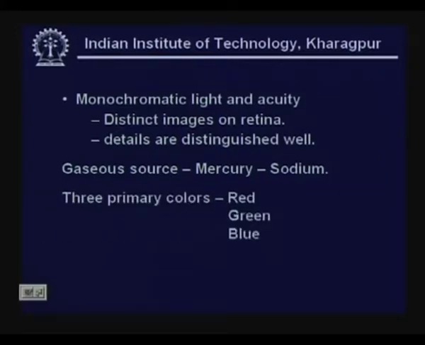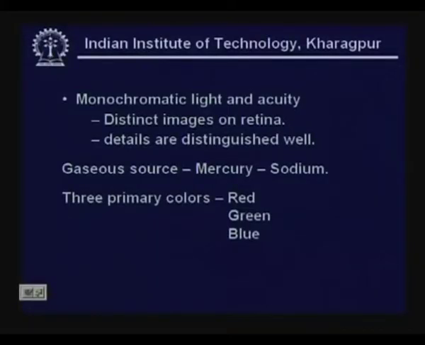In fact, fluorescent lamps are nothing but low pressure mercury vapor lamps. And one must observe that it is the three primary colors red, green, blue, which mixed in a particular way can give rise to all the necessary colors. But as the eye has the ability to have good acuity for a monochromatic light, the combination tends to reduce acuity.